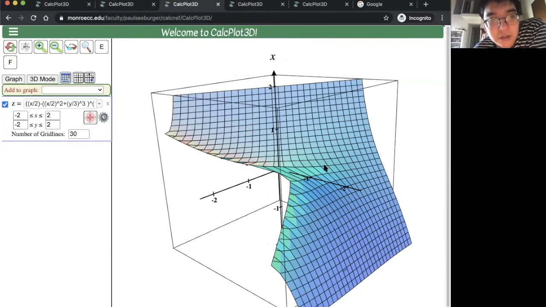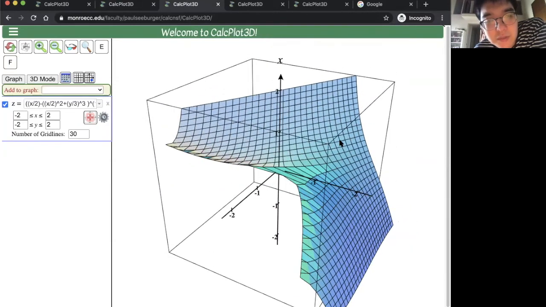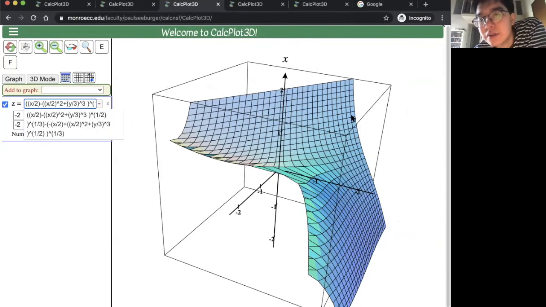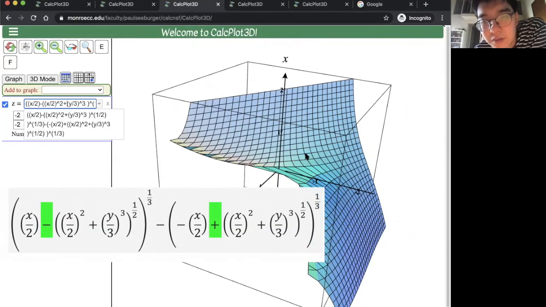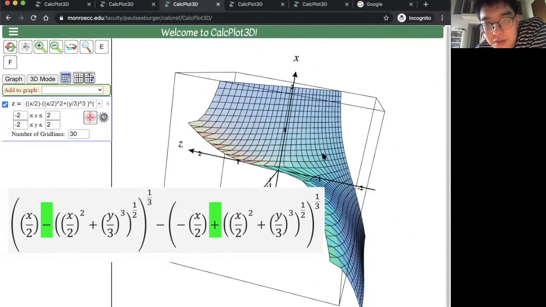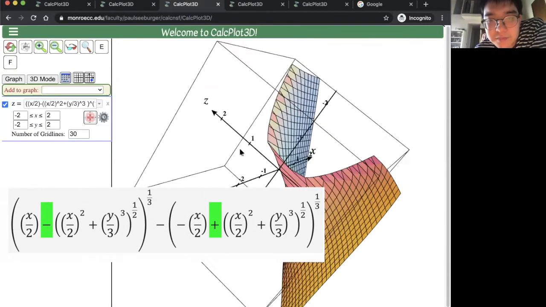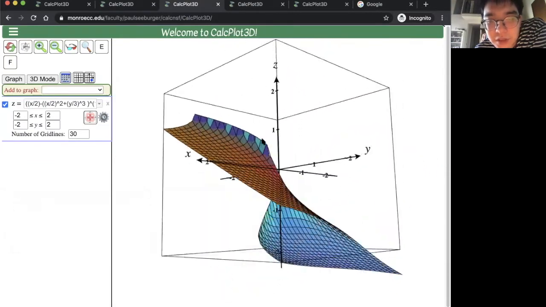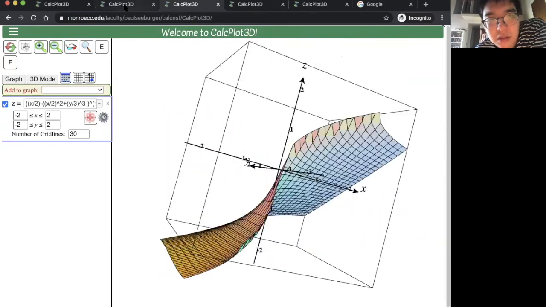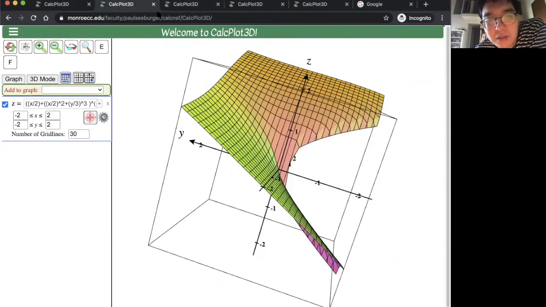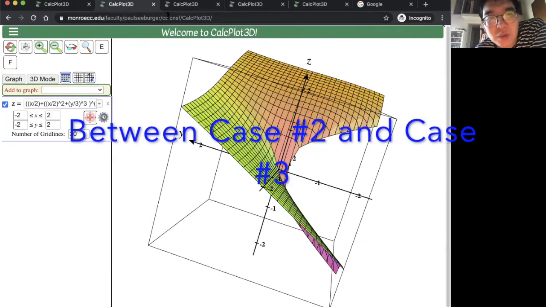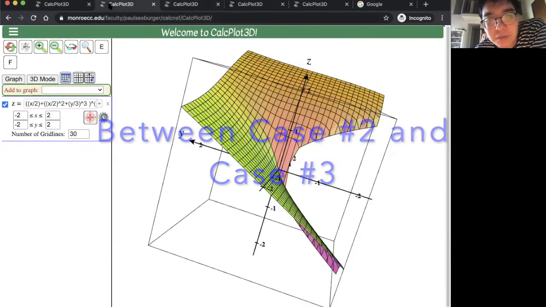And here, if we take a look at this particular example, the sign of the t function is negative and the sign of the u function is positive. So if we were to compare this one, it seems as if you can see that it's been flipped around about the xy plane, like a reflection.